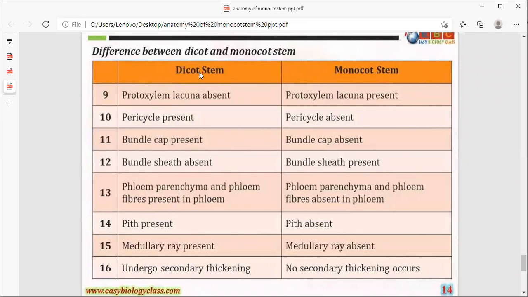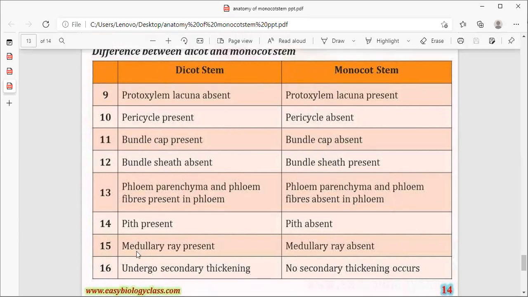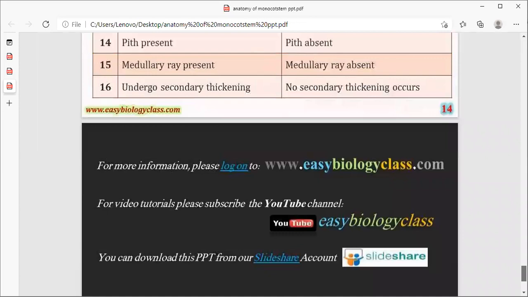In dicot, pith region is present, in monocot the pith region is absent. In dicot we find medullary rays, while medullary rays are absent in monocot. Due to the presence of cambium, dicot has secondary growth, while due to the absence of a cambium ring in monocot, there is a lack of secondary growth. So this is the main difference between monocot and dicot.